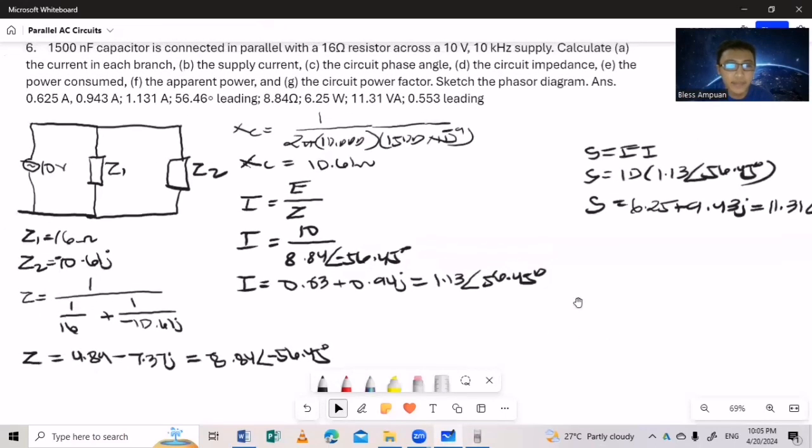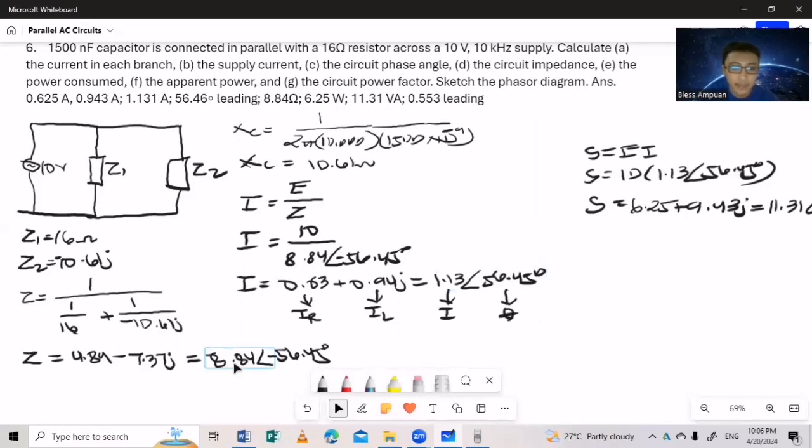Now, as we observe here, exactly in our problem, what would be the current in each branch? Using the rectangular form of the total current, the 0.063 is now our I sub R, or the current that flows in the first branch, the pure resistive branch, or the resistor. 0.94 is for I sub L, and 1.13 is our total current or supply current I. The 56.45 is our phase angle, which indicates that it is leading.